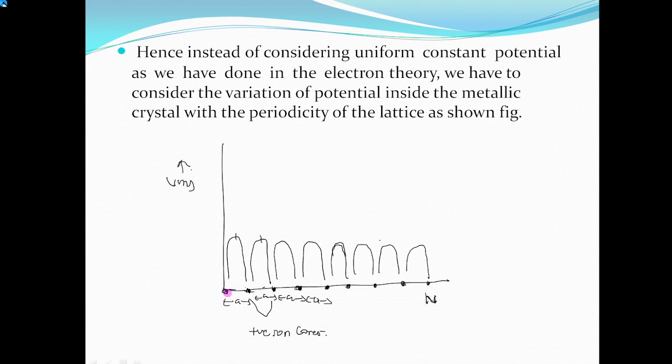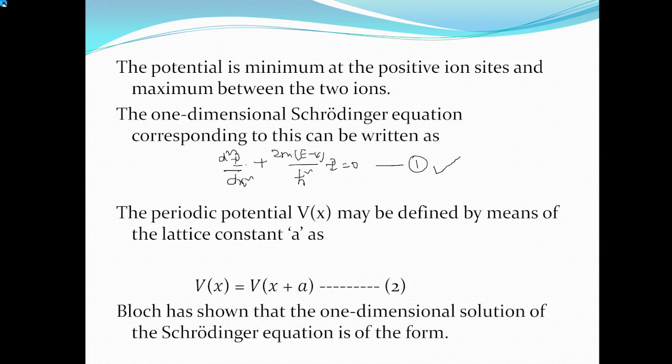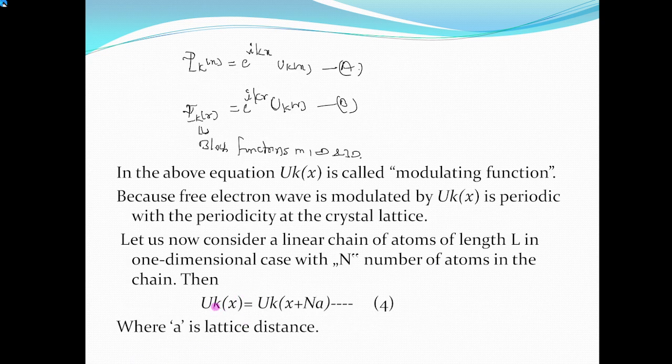The length of this chain is capital L. The distance between two ions is A. So L is equal to Na. The periodic function gets modified as u k x equal to u k x plus Na.